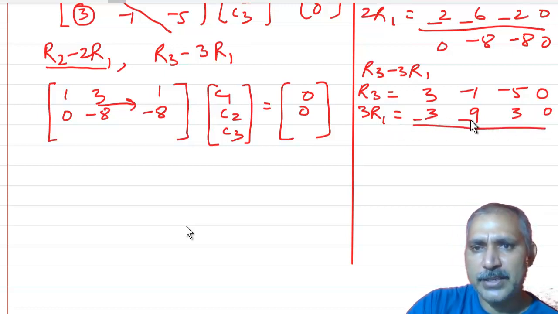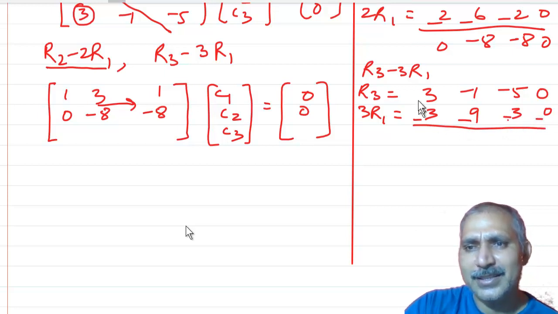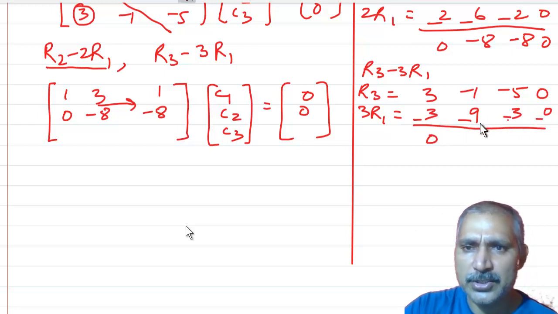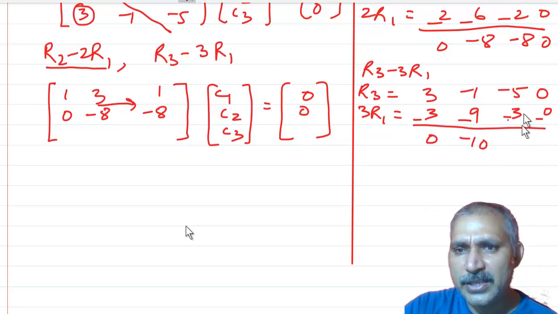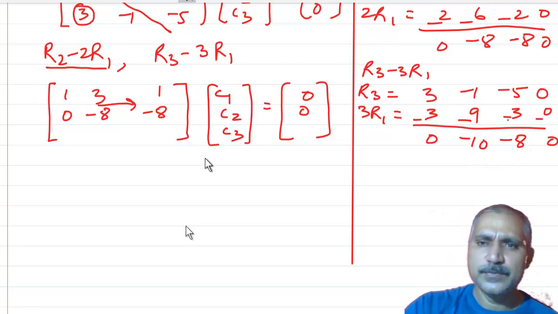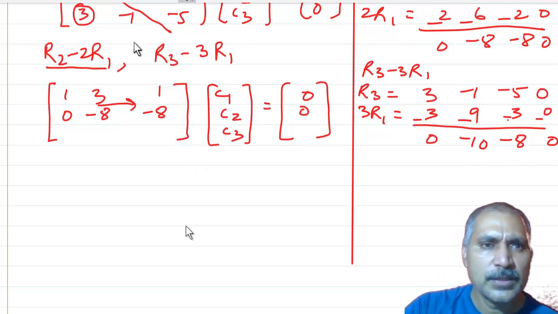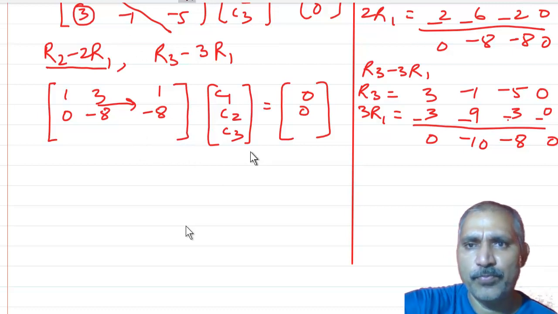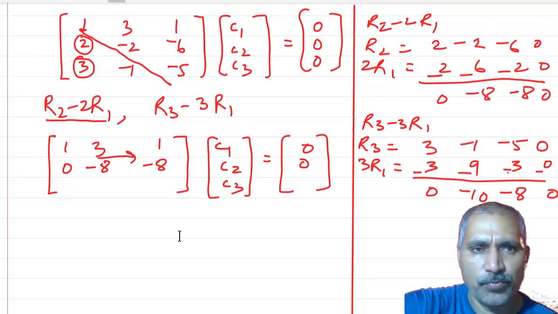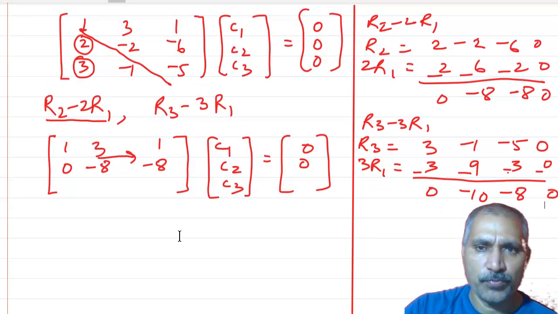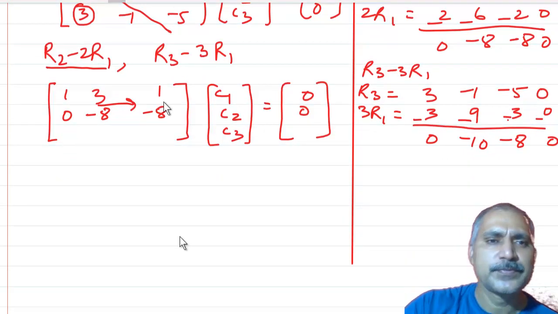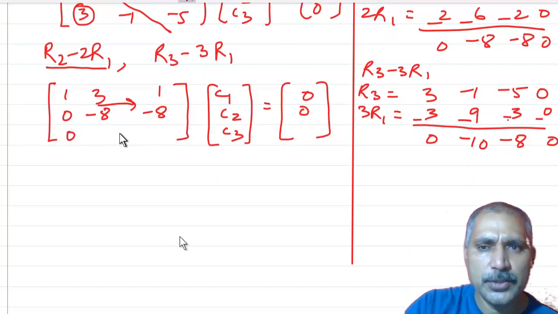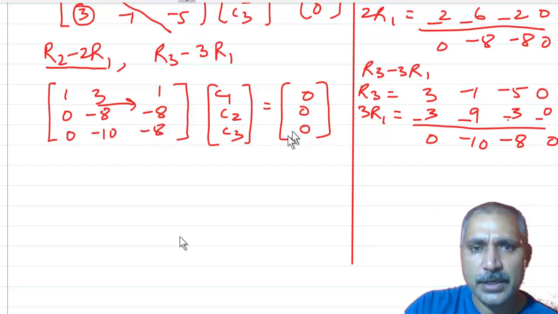Here 3 minus 3 is 0, minus 9 minus 1 is minus 10, this is going to be minus 8, this is 0. We got the elements 0, minus 10, then minus 8 and 0.